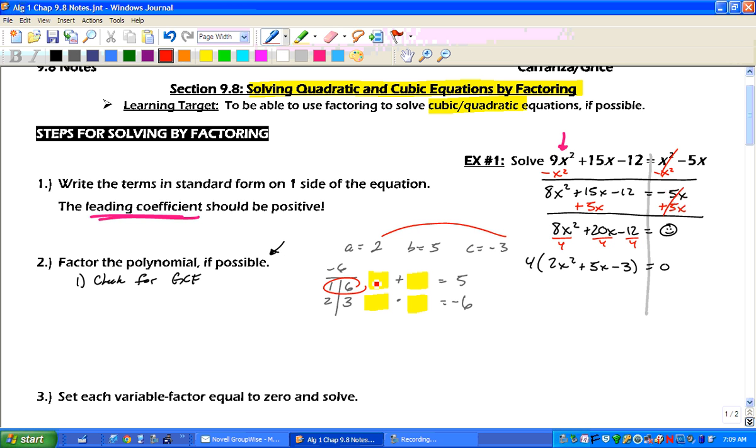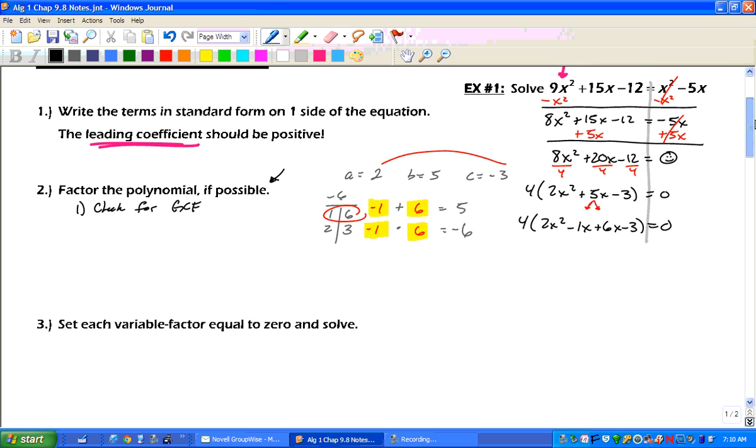Well, 1 and 6. Remember, it has to work in both situations. So negative 1 plus 6 is 5, and then negative 1 times 6 is negative 6, which was exactly what we were looking for. So now we know how to split the middle term. 2x squared minus 1x plus 6x minus 3 equals 0.